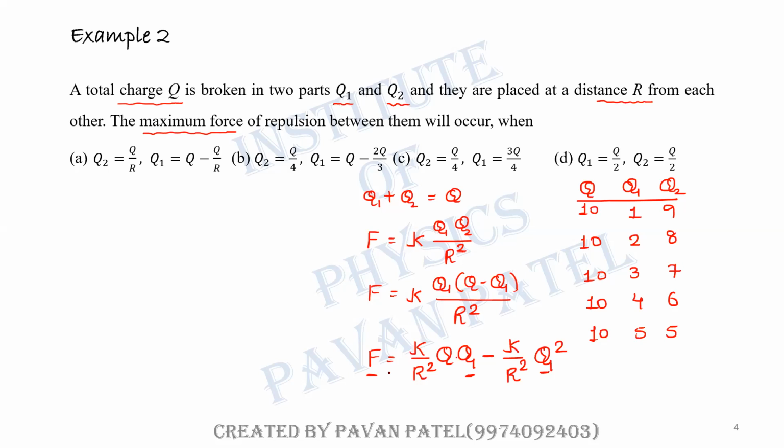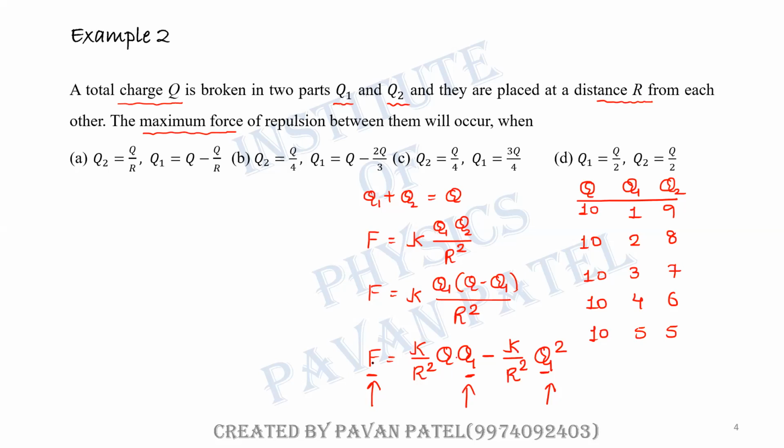Now the question is how to find a force whose value is maximum. There is a mathematical tool called differentiation. Q1 is called the independent quantity and F is called the dependent quantity, because according to the value of Q1, the value of F will be decided. So F is dependent, Q1 is independent.